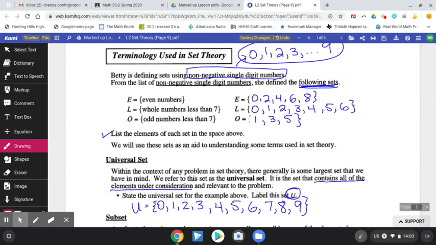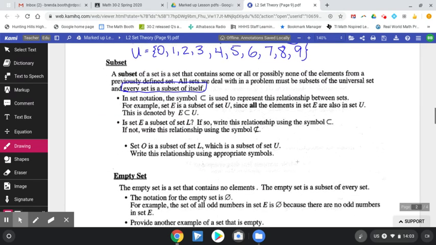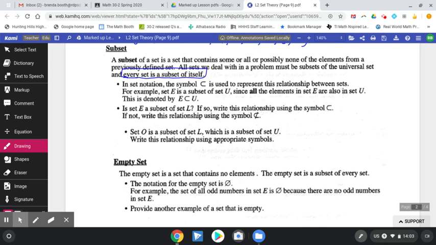If all of the numbers that are in E are also in L, then we can say E is a subset of L. So the 0 is there, the 2 is in there, the 4 is in there, the 6 is in there, but the 8 is not in there. So E is not a subset of L. And the way that we write that with symbols looks like this: E is not a subset of L.